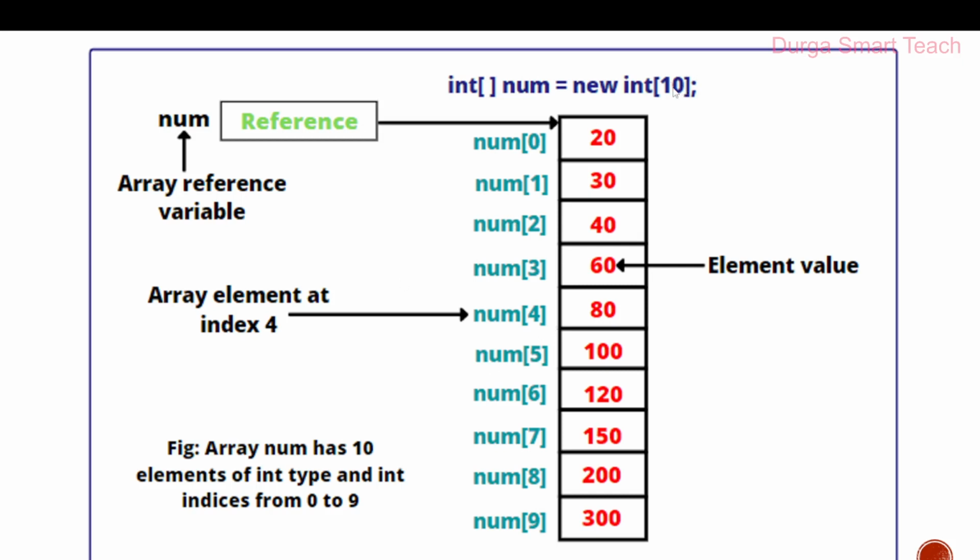If the array size is 10, it starts with 0 up to size minus 1, 10 minus 1, 9. So this number of indexes are allotted. Array num has 10 elements of int type and indices are from 0 to 9.